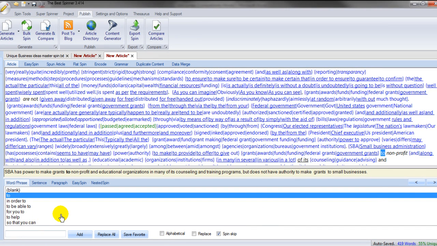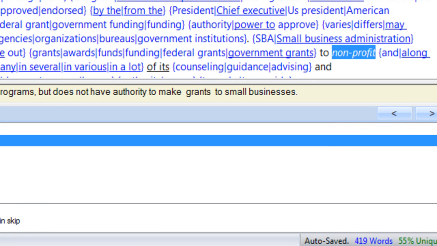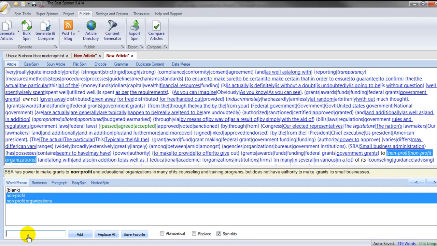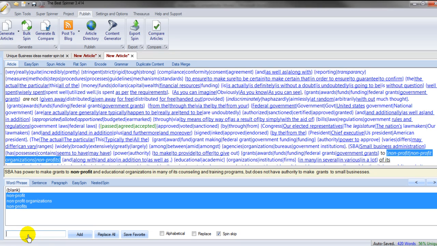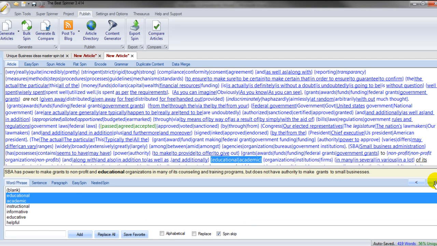To, let's leave to non-profit, non-profits, plural, non-profits, and also in addition, this is good, and then additionally, academic, educative, maybe educative could work.